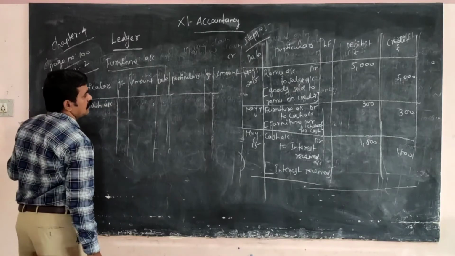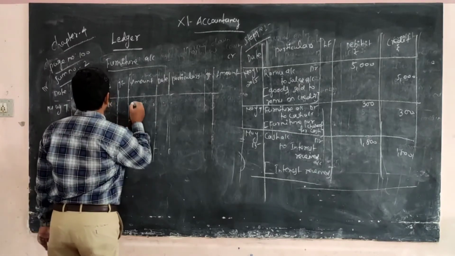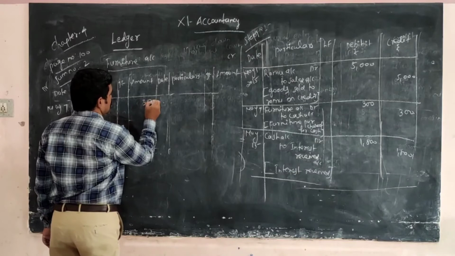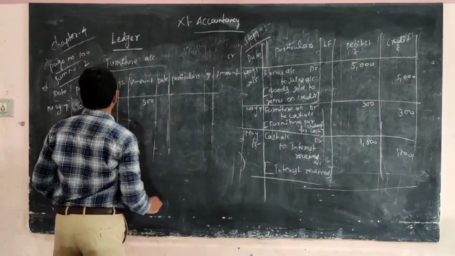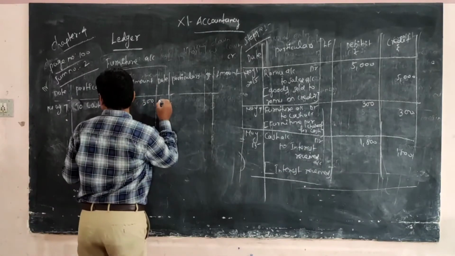Cash, okay, to cash account. So amount is 300. Here there is no balance.